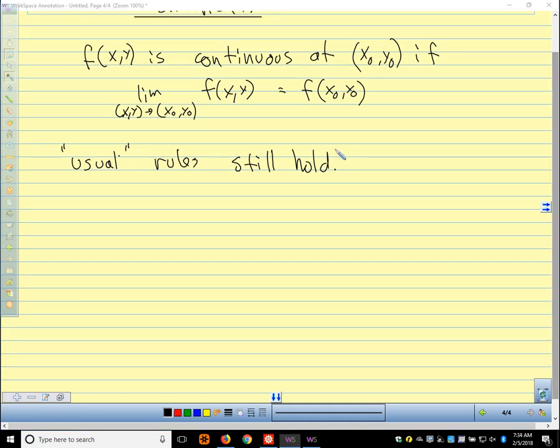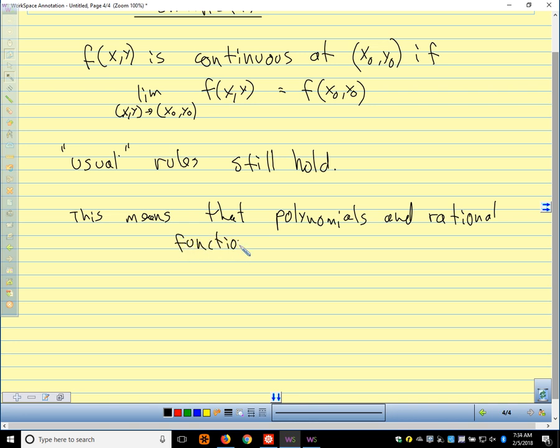And the fact that our usual rules still hold implies that polynomials and rational functions are continuous, where they're defined.